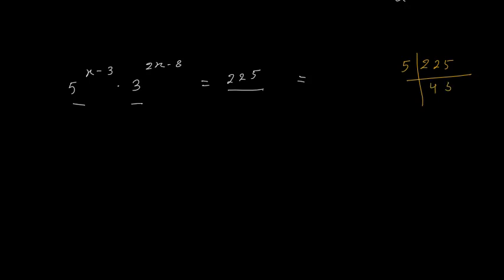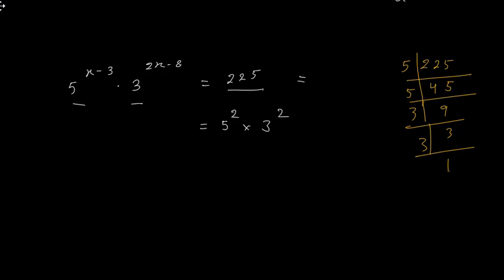Then again with 5 I can divide, 5 fives are 25, then with 3, 3 threes are 9, and this is 3 ones are 3. So 225 is equal to 5 square into 3 square. So 5 power (x minus 3) into 3 power (2x minus 8) is 5 square into 3 square.